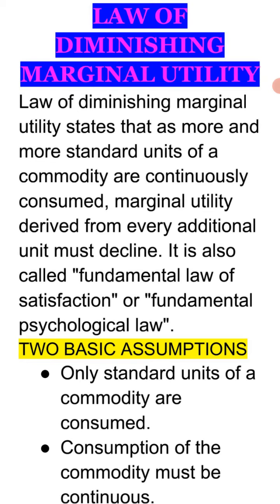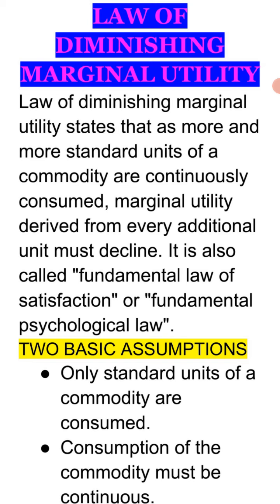This is the law which states that as more and more standard units of a commodity are consumed continuously, the marginal utility, that is MU, derived from every additional unit must decline, must decrease.